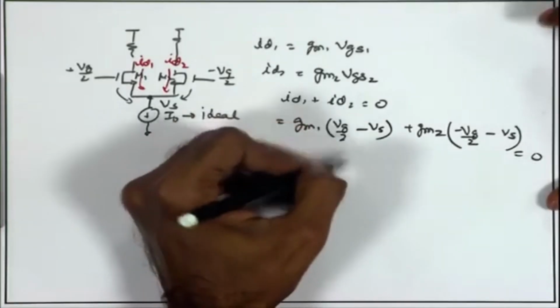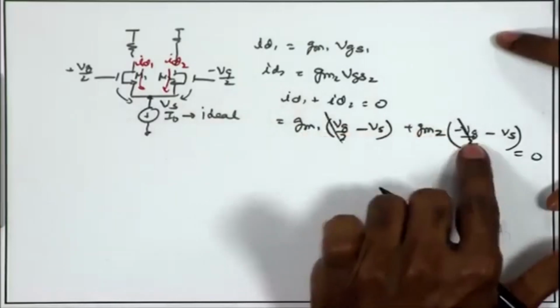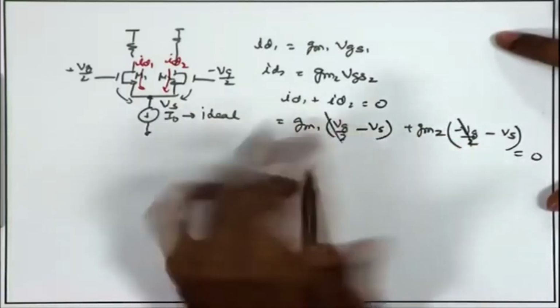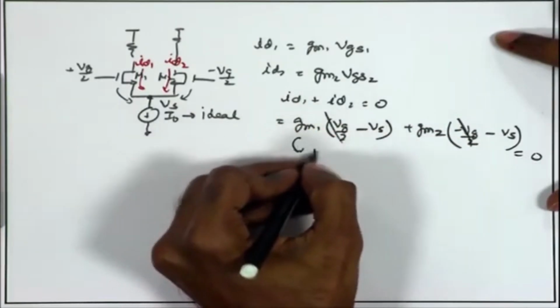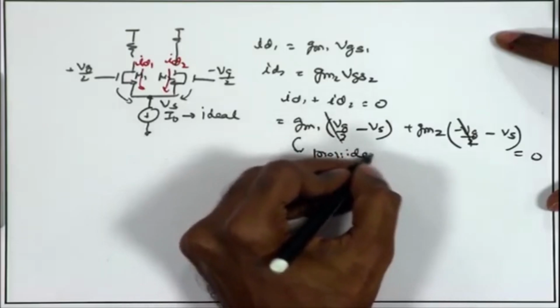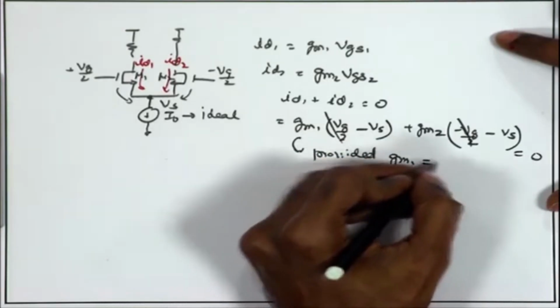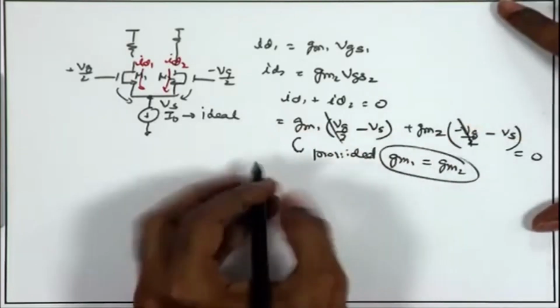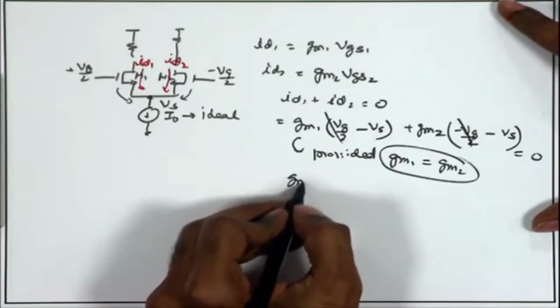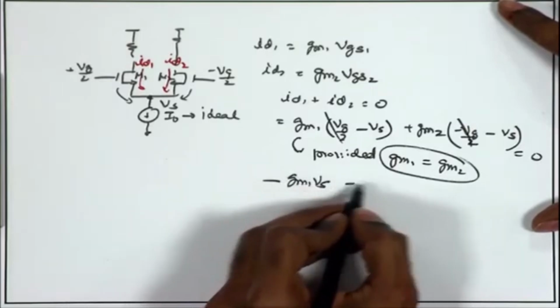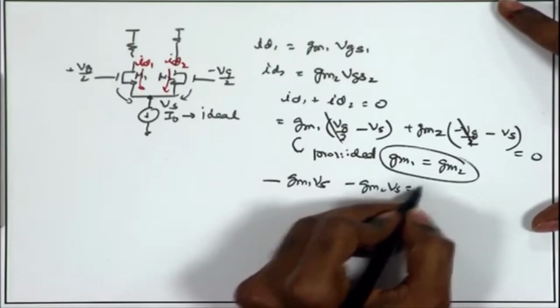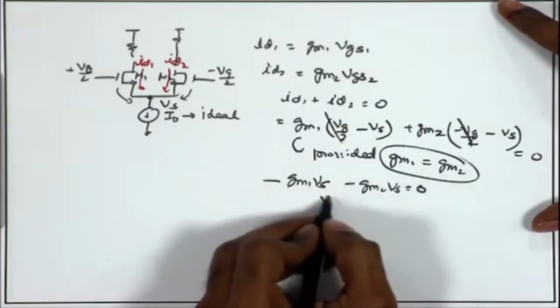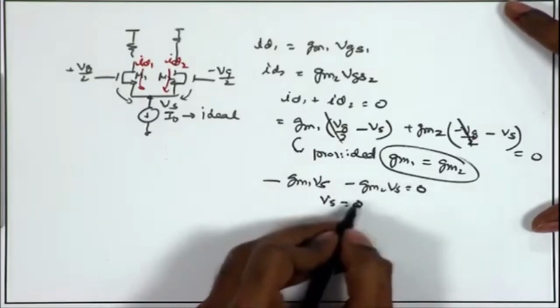If you see, the first terms get cancelled, GM1 Vg by 2 minus GM2 Vg by 2, provided GM1 is equal to GM2. If this condition is met, the first two terms get cancelled and I am just left with GM1 Vs minus GM2 Vs equal to 0, which implies that Vs must be equal to 0.